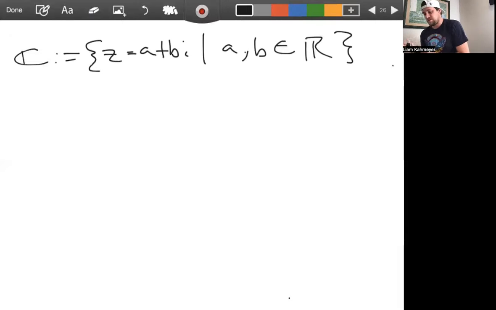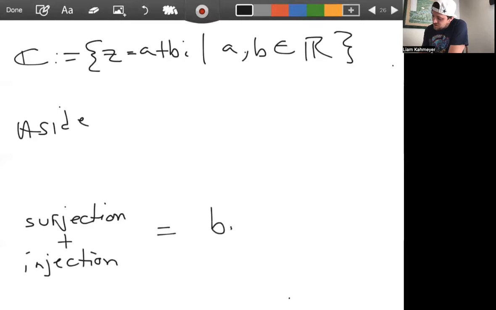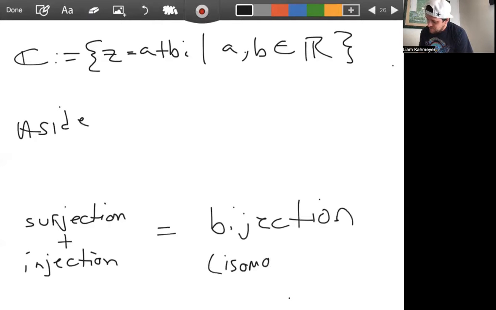Maybe I should have also said, as an aside, if you have a surjection plus an injection, this is also known as a bijection. In this specific context, we were calling them an isomorphism. Okay, but we also call them bijections.